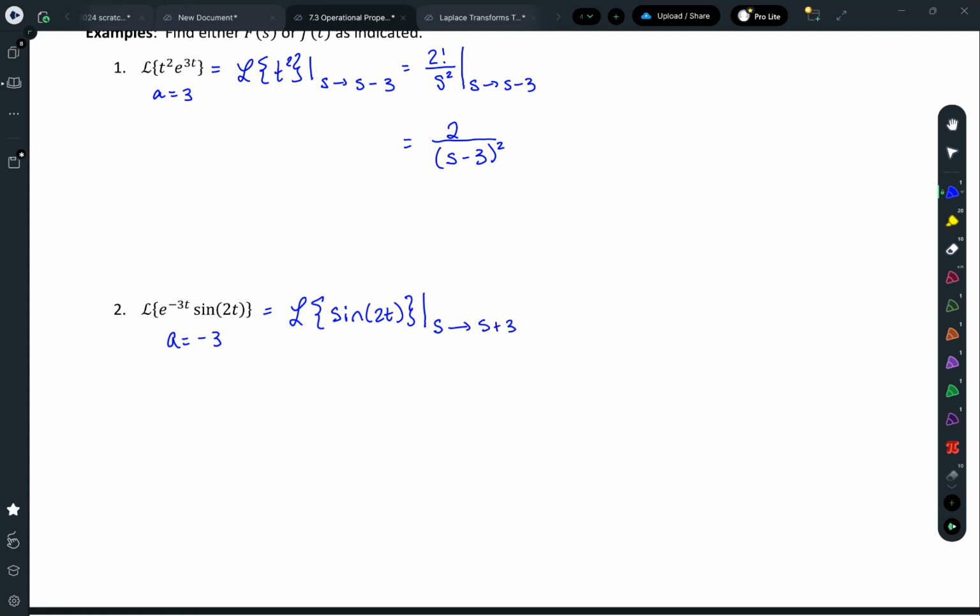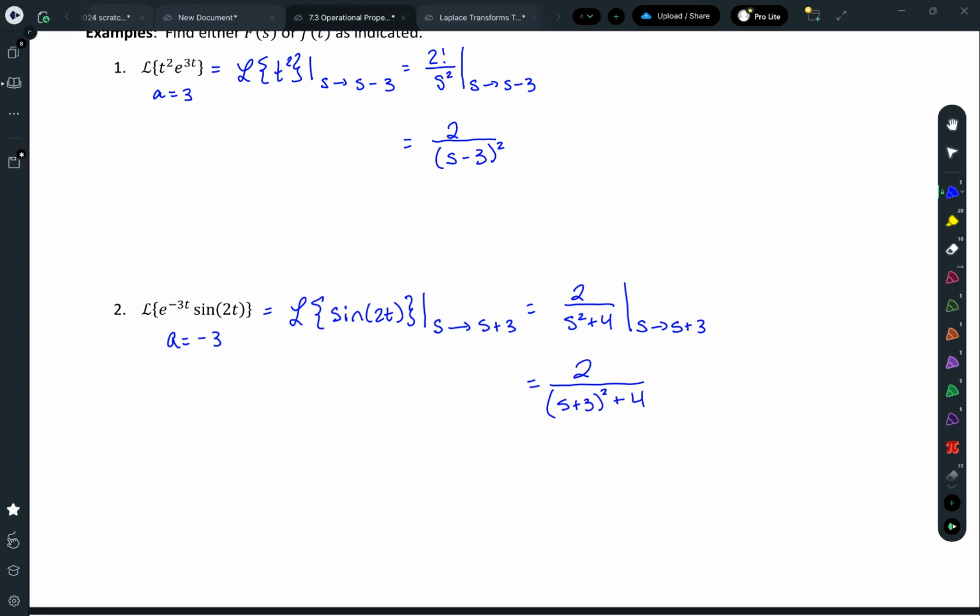Okay, well, the Laplace of sine of 2t is 2 over s squared plus 4, but that needs to be evaluated where we take s to s plus 3. So we finally do that, and we get an answer of 2 over, in quantity, s plus 3 all squared, with a plus 4 on the outside. And that's our final answer.